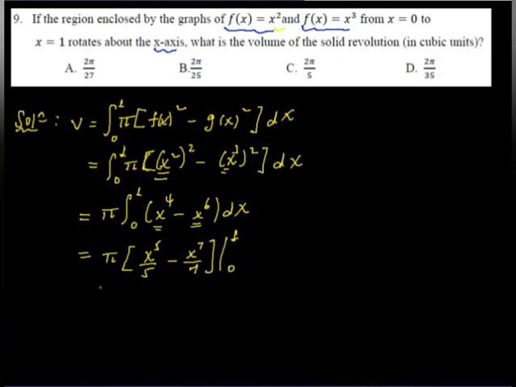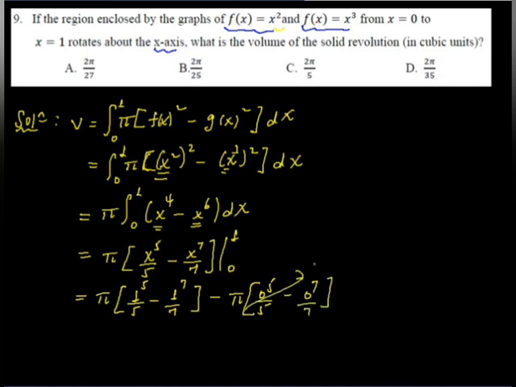When we substitute 1 in place of x, we get 1 to the power of 5 over 5 minus 1 to the power of 7 over 7, minus the substitution of 0, which gives 0 to the power of 5 over 5 minus 0 to the power of 7 over 7.